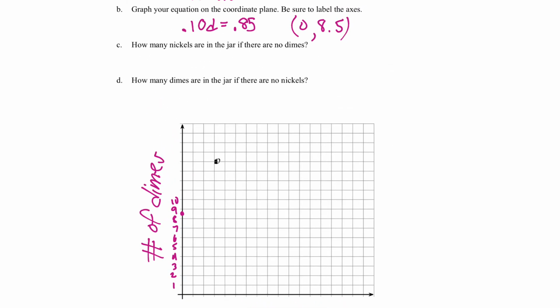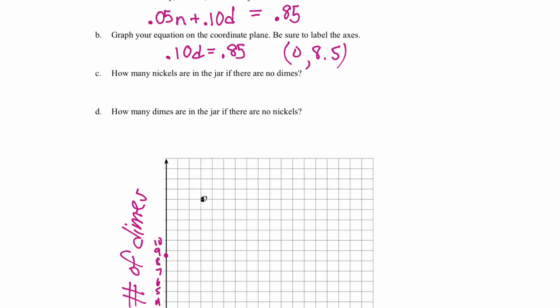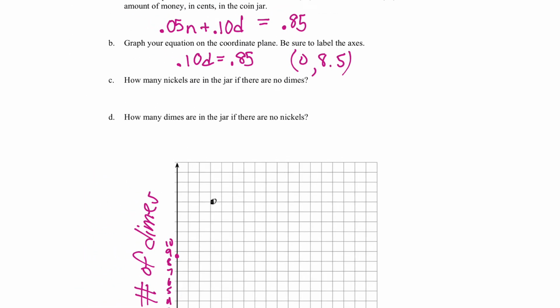Now I want to find what is my x-intercept. So I'm going to say when D is 0, what does N equal? So that is going to be 0.05 N equals 0.85.